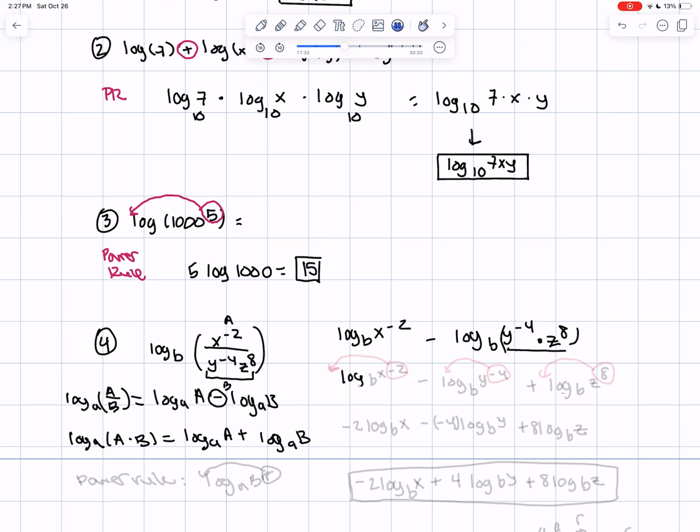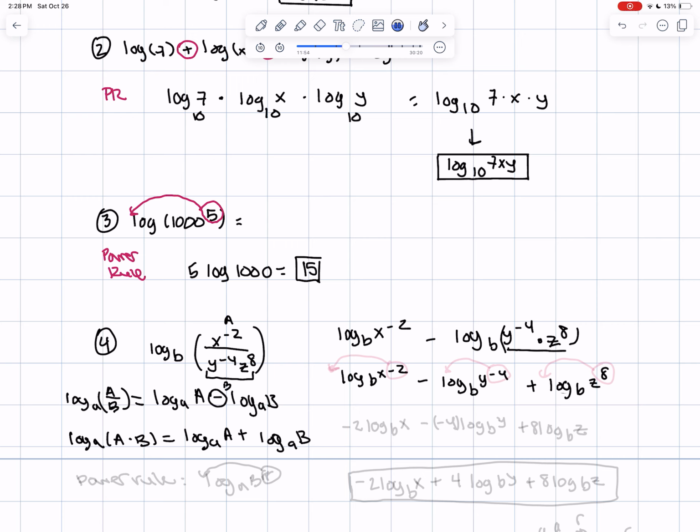We're going to leave the left side the same, but we're going to turn these two into two separate logs. Okay, now we separated them into the right form.